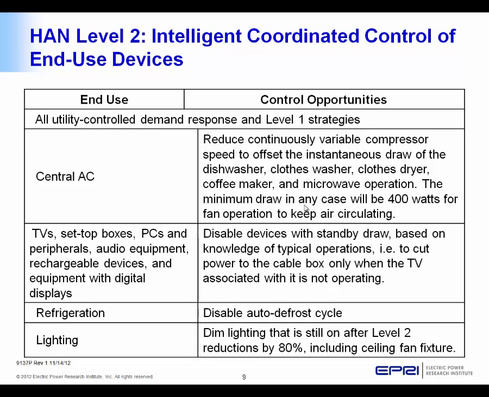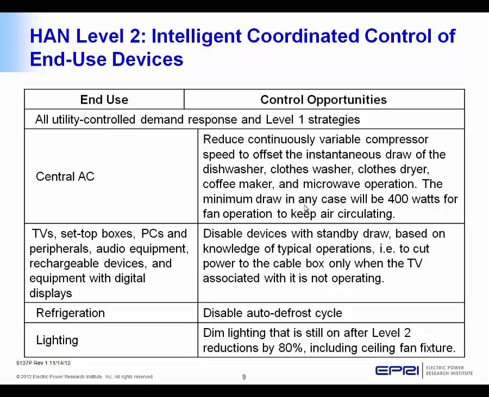Here's a second level of what this might look like, with some intelligence added. Okay, so this is taking all utility control demand response and all those level 1 strategies and then looking back at the central air conditioner and reducing continuously variable compressor speed to offset the instantaneous draws of washer, dryer, and the like. See how this is becoming dynamic?